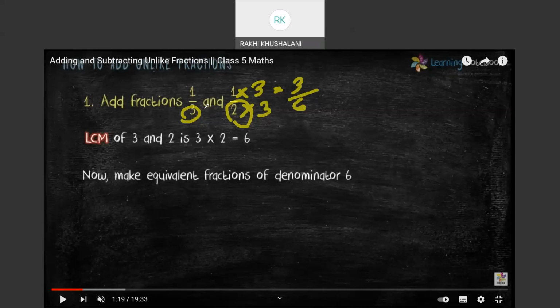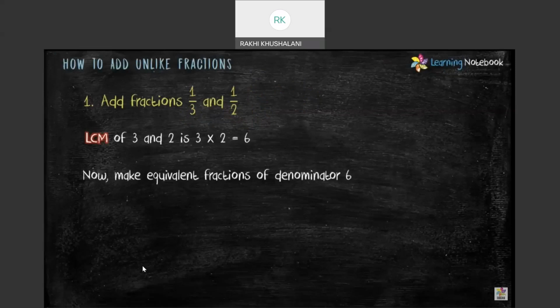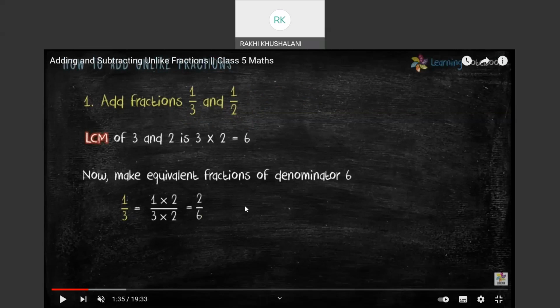Please understand. Let's look ahead in the video here. What exactly are we doing? Okay, we are multiplying the first fraction 1 by 3 by 2. मतलब न्यूमरेटर और डिनोमिनेटर दोनों को मल्टीप्लाई करना है, and I get 2 by 6. Children, see here, 2 by 6 is an equivalent of 1 by 3. 1 times 2 is 2, 3 times 2 gives me 6.